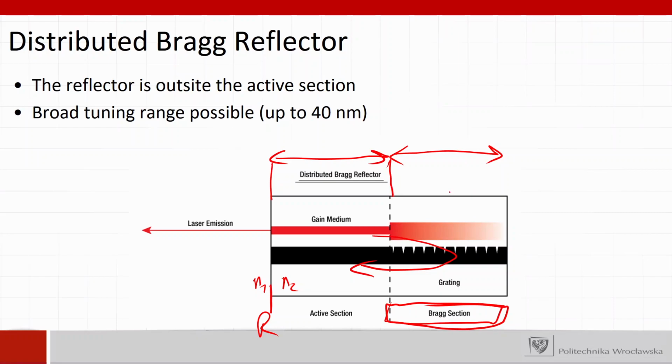So we can change the size only of the mirror, we can elongate this grating. By that we can tune the wavelength that is reflected by this mirror. And we don't have to heat up the entire active region, but only the grating.